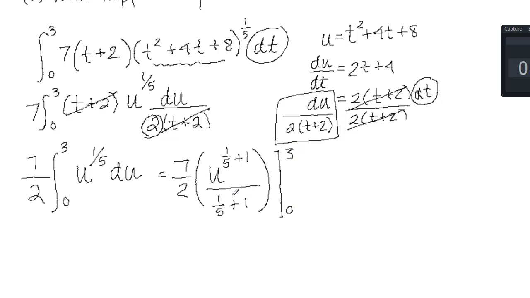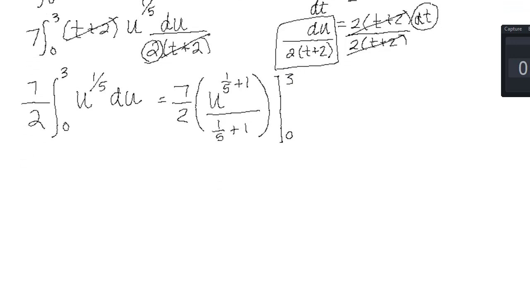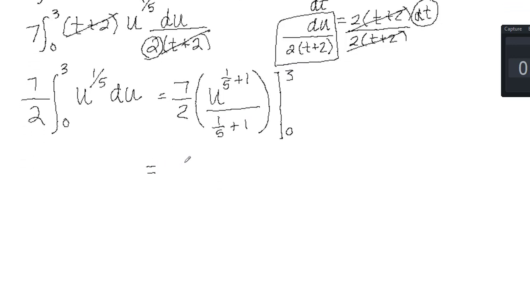Now we have to do a little bit of arithmetic cleanup. That's 7 over 2, u to the 6/5, because 5 over 5 is 1, plus 1/5 is 6/5.